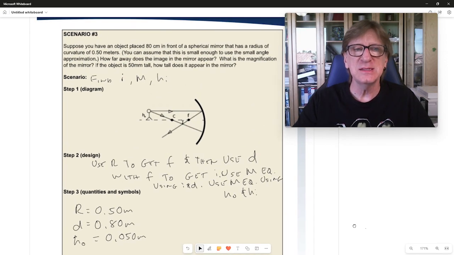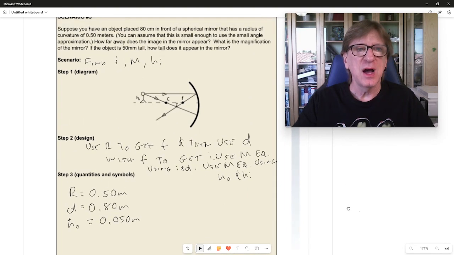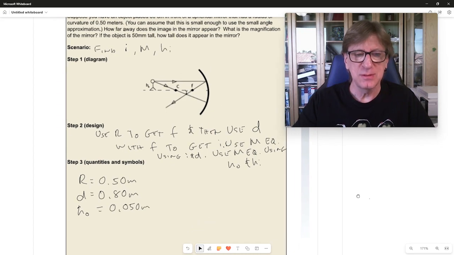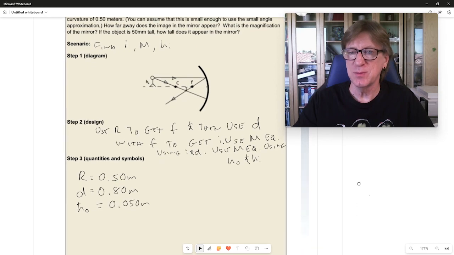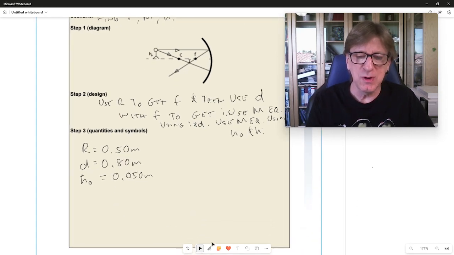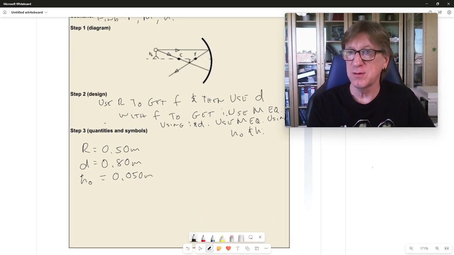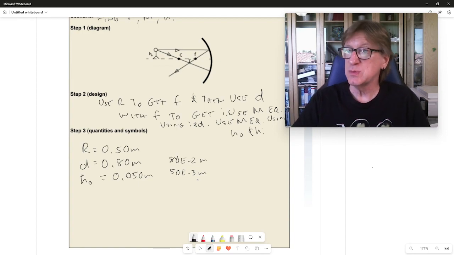So the object is 80 centimeters away, the radius of curvature is half a meter, and then the object is 50 millimeters tall. And remember, you can always write that using our engineering suffixes. R was already in meters. If I have 80 centimeters, that is 80 times 10 to the minus 2 meters. If I have 50 millimeters, that's 50 times 10 to the minus 3 meters. And that will always work for you.